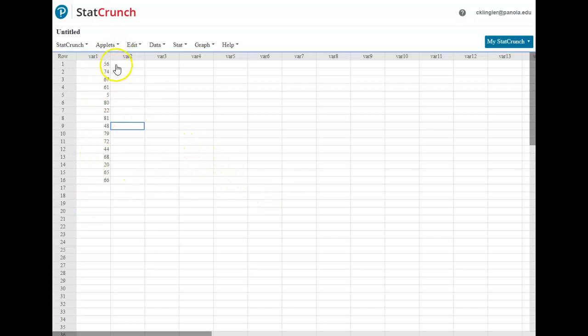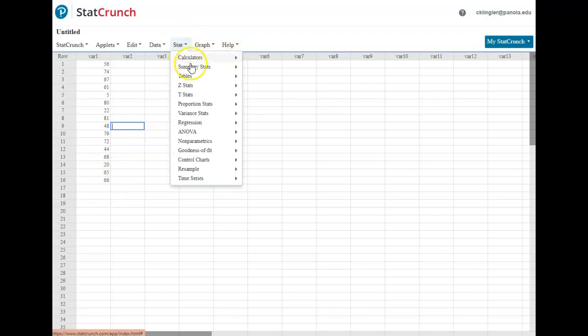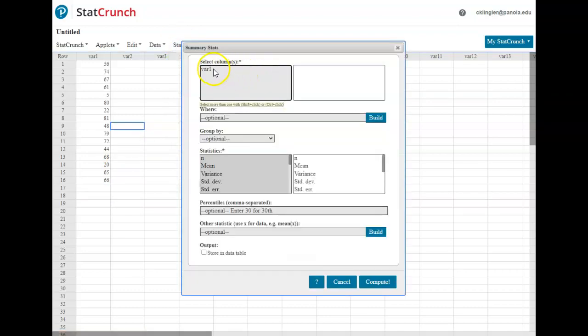Once you have them in one column, you're going to do Stats, Summary Stats, Columns, and then that's in var1. So we're going to pick var1 and it'll throw whatever you selected over here on the right. And then it defaults to all these summary stats.